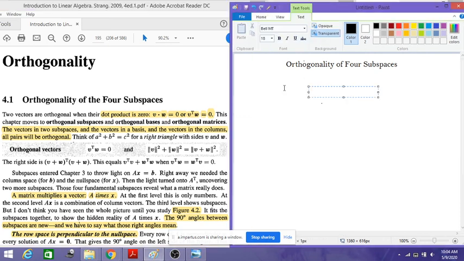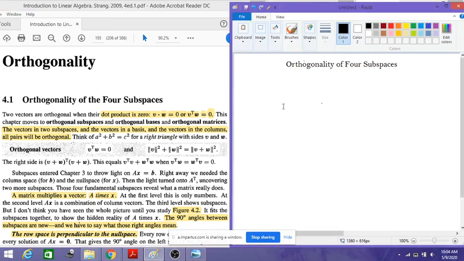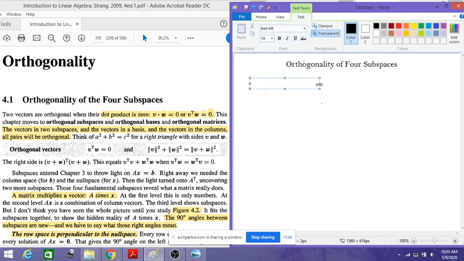Now let's talk about orthogonality. The very first condition for two vectors to be orthogonal is that their dot product should be equal to 0. Let me write the definition here: two vectors are orthogonal when their dot product is 0.